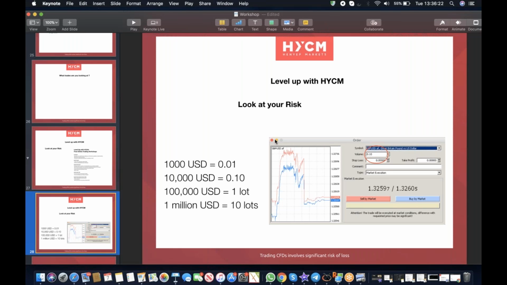Trading without leverage would look like this. If you have a $1,000 account, it would be 0.01 trade size. If you had a $100,000 account, you'd be trading with 1 lot sizes. You can still make double-digit returns in a year, but using minimal leverage.